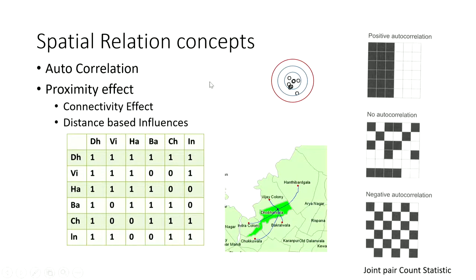Generally, most of these spatial processes will have some kind of autocorrelation. It means that the values near each other will have some kind of similarity between them. So if you know any one of these values, with the autocorrelation property we can somehow predict what the nearby point's value may be.